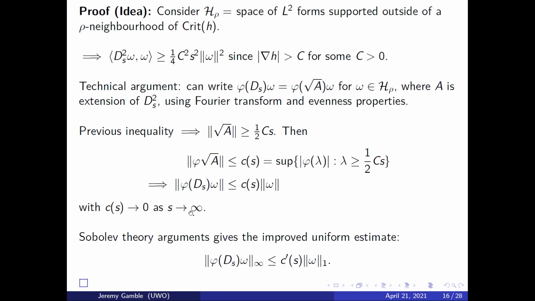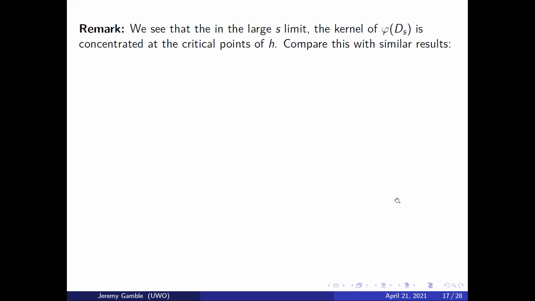And this thing tends to 0 as s goes to infinity. And then you can clean this up a little bit and actually get a uniform estimate using some Sobolev space stuff. Again, I don't want to go into it too much because there's a lot of details there and it's not super interesting, but yeah, you can improve this estimate.